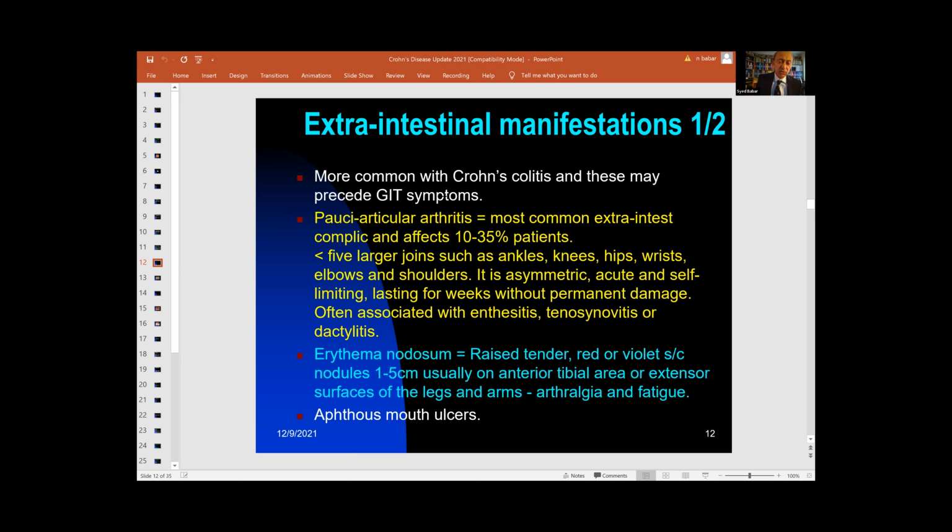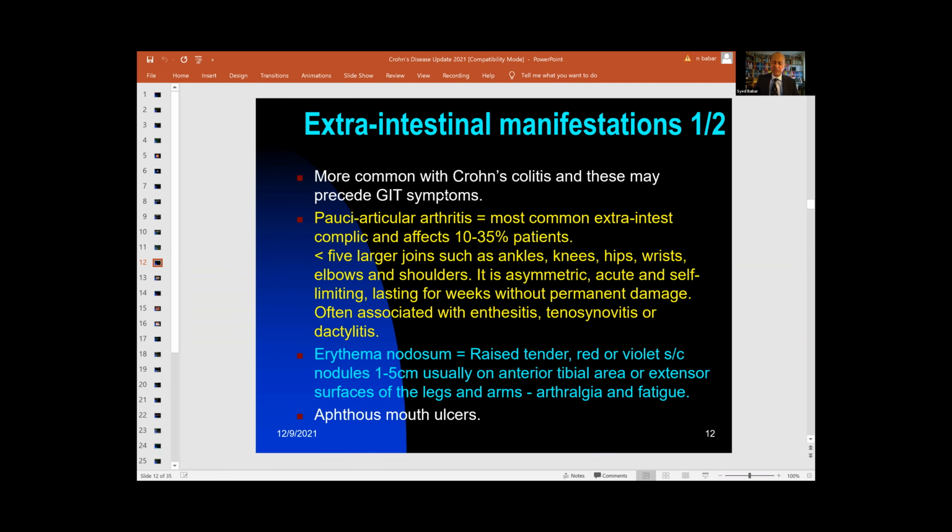Sometimes this involves that part of the tendon which is attached to the bone, and that's called enthesitis, or the whole thickness of the tendon, such as quadriceps or Achilles, can be involved with the process of inflammation. Tenosynovitis, or the entire finger might be involved.